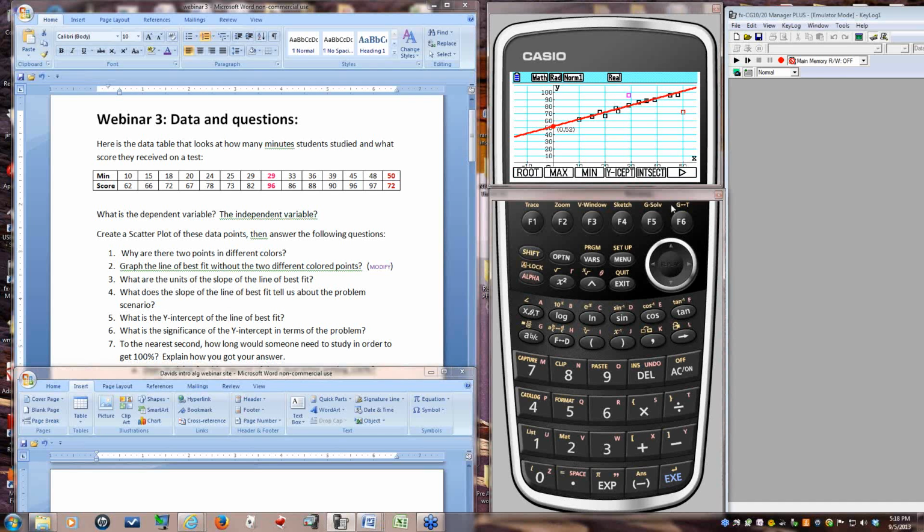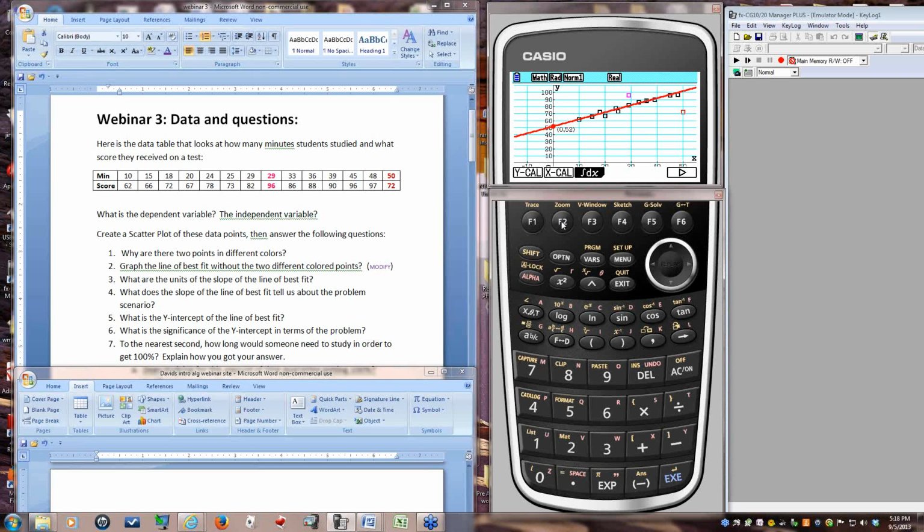But if I'm going to GSolve, that's not what I'm looking for. It's finding out my X value if I know my Y value is 100. So I want to calculate the X, which, the first couple of times you use this feature, you're thinking, wait a minute, it's kind of the reverse of trace.